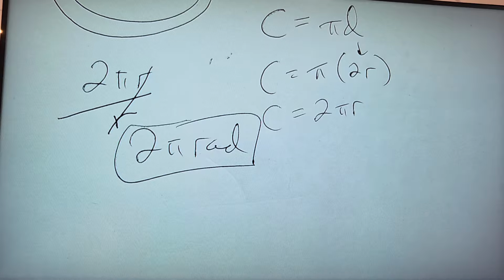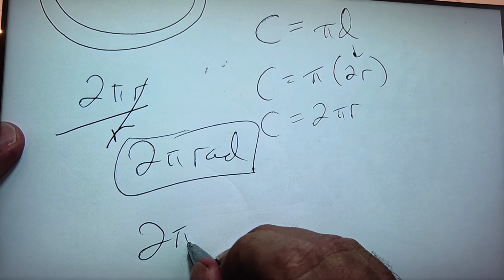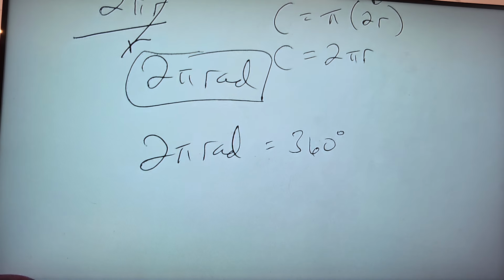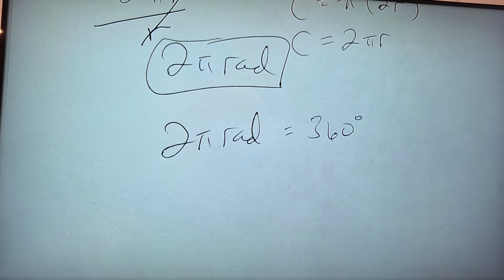So remind me, what have we got so far? 2 pi radians is the same thing as how many degrees? 2 pi radians is the same thing as 360 degrees. Do you guys agree with me that 24 inches is the same thing as 2 feet? Yeah. Why wouldn't I use that as a conversion? 24 inches is equal to 2 feet. Why is that not the best conversion to use?